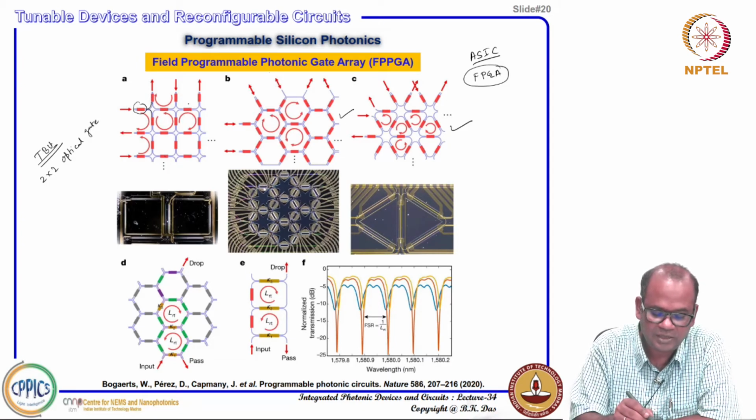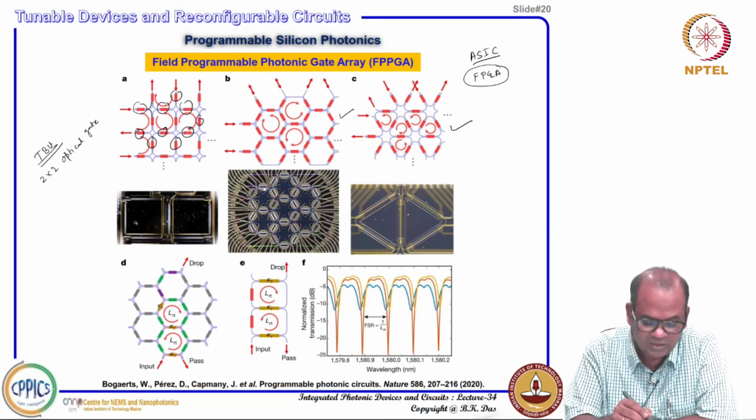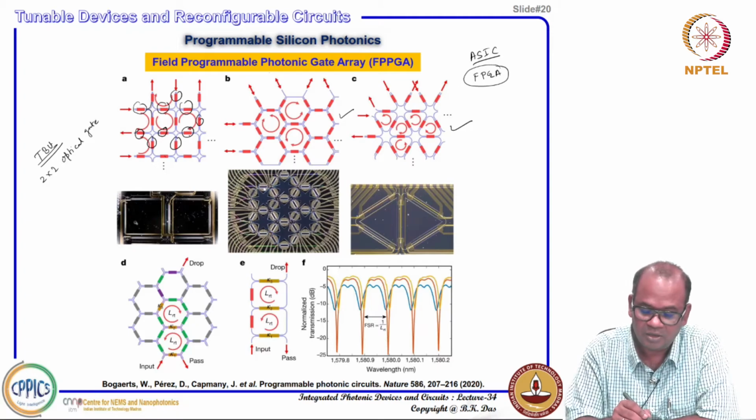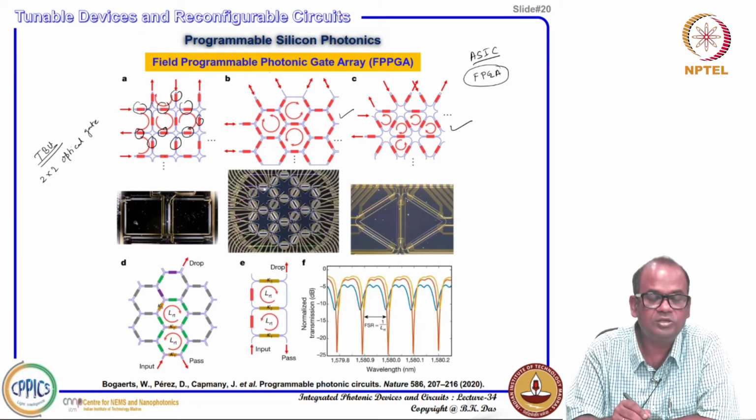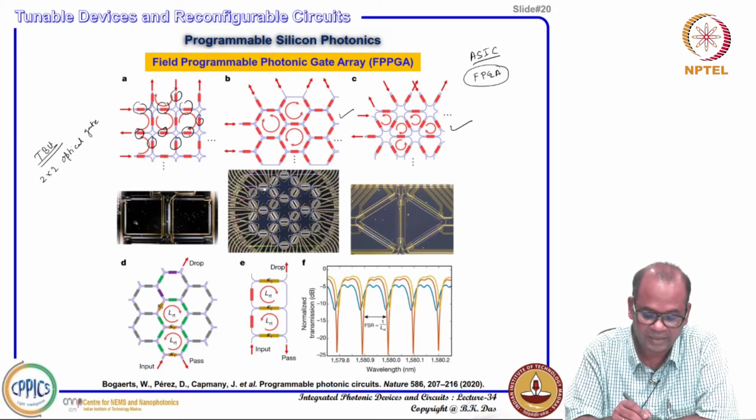So, in this way it is connected. So, this is a MZI unit, these are all MZI units. So, you can arrange them in a square mesh. So, this individual MZI is called an individual gate, a 2 by 2 optical gate.